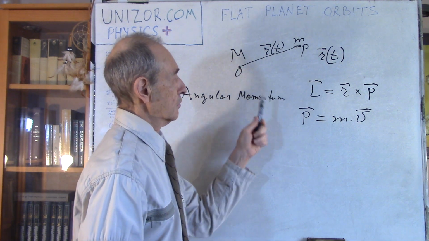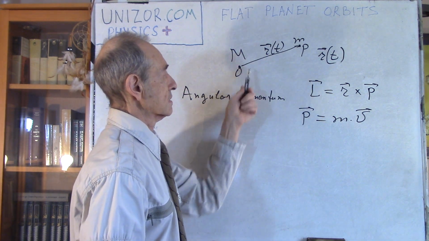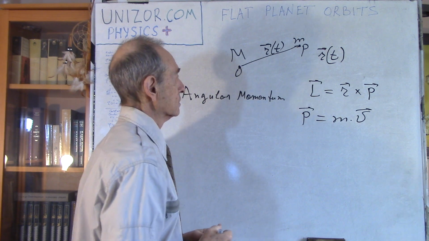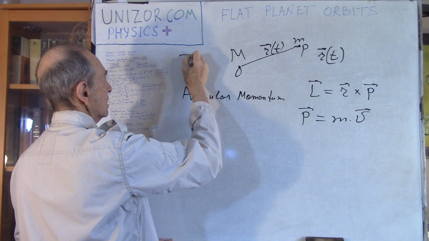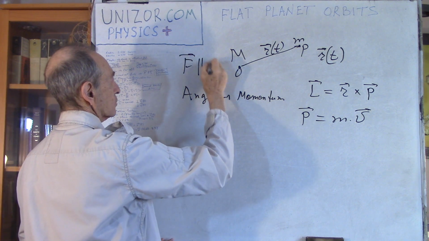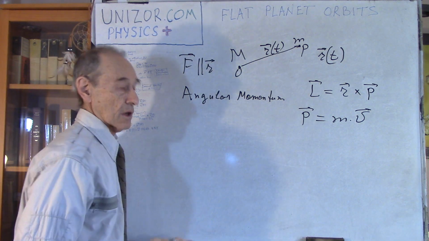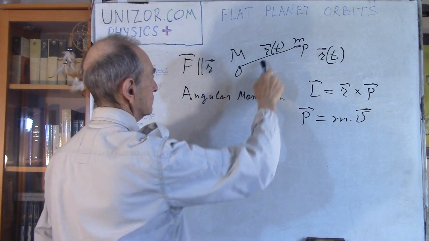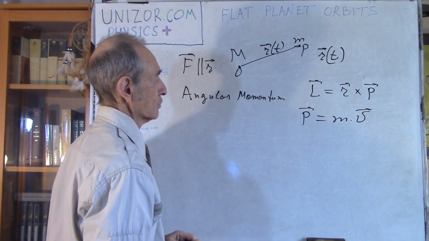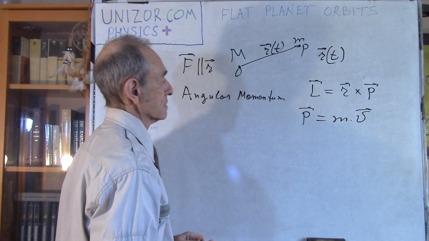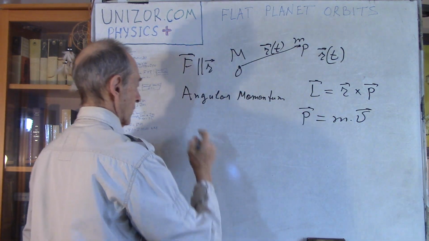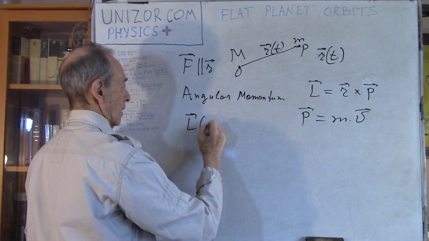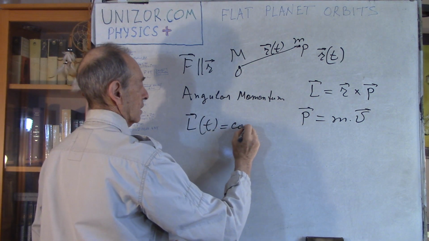So whenever we are talking about movement in this central field, when the force as a vector is always parallel to the vector of position r, then this L is constant.